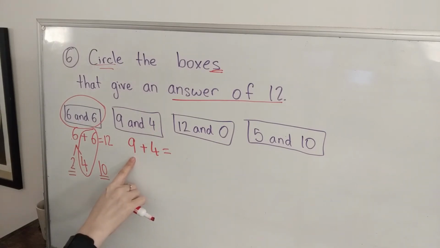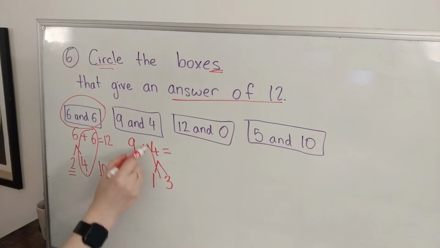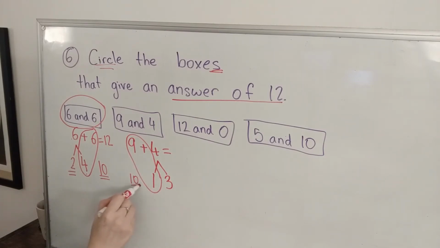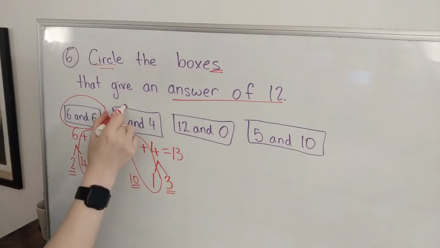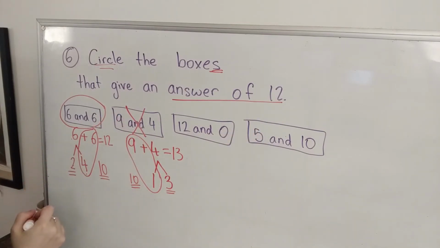How many more does 9 need to get to 10? 9, 10. One more. 4 has a 1 and a 3. Now we can add. 9 plus 1 is 10. 10 plus 3 is 13. Oh, look at that, that didn't match. We don't need to circle that one.